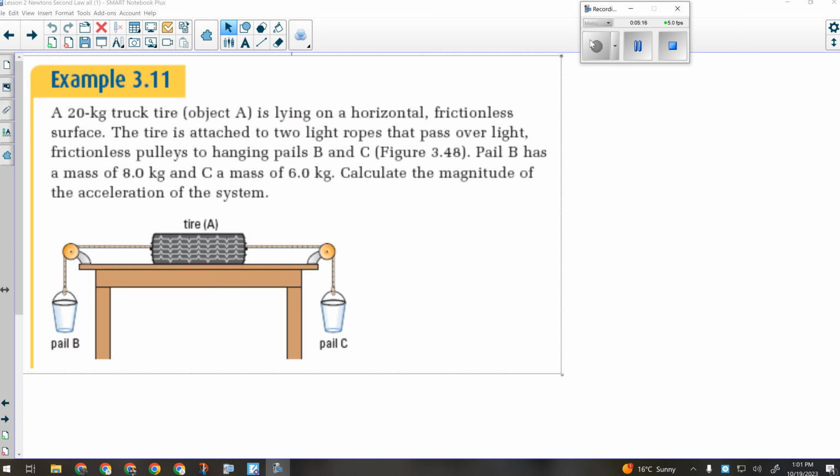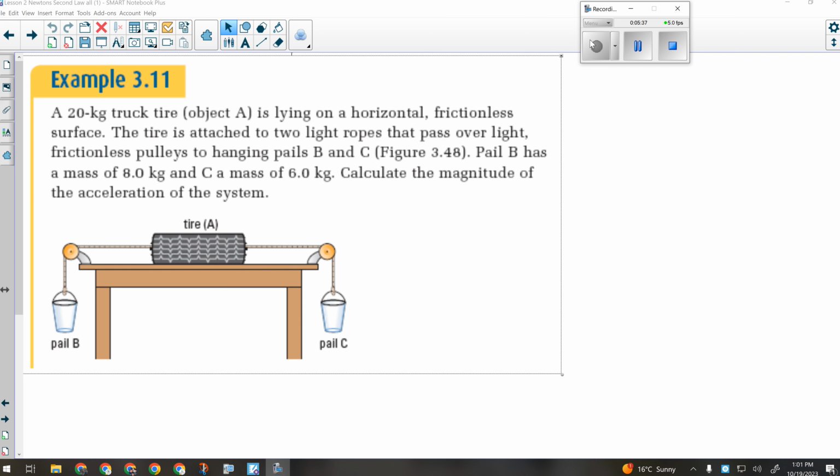Okay, so it's a system question. We want to calculate the acceleration of the system, given that the mass of pail B is 8 kilograms, pail C is 6 kilograms, and the tire is 20 kilograms.